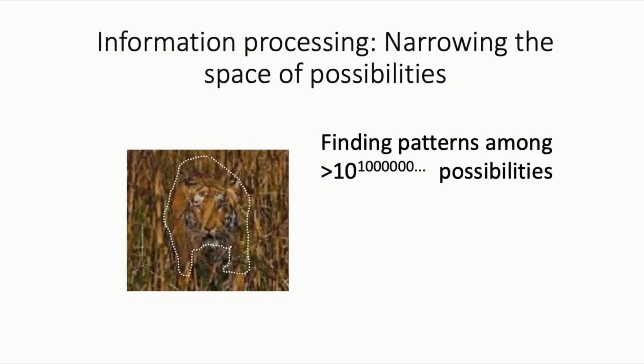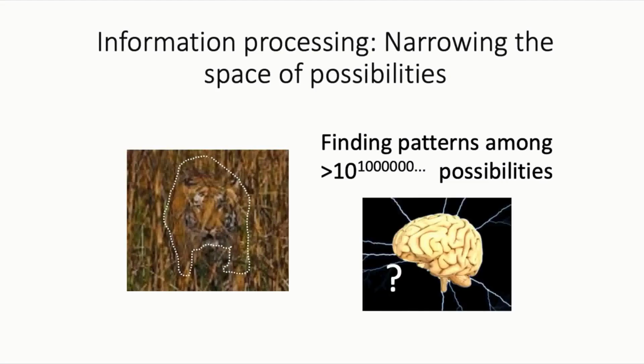We went through a calculation showing that the number of possible different images in the world on a pixel-by-pixel basis was a number with at least 1 million zeros behind it, if not more. How are we able to do this? How is this done by the biological neural networks in our brains?